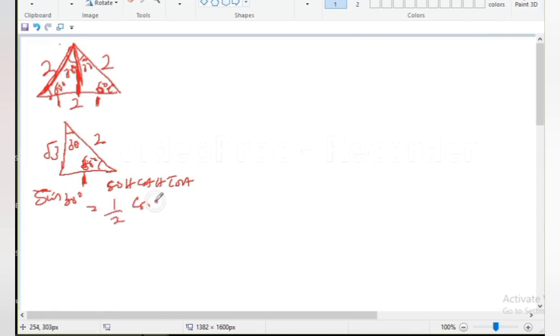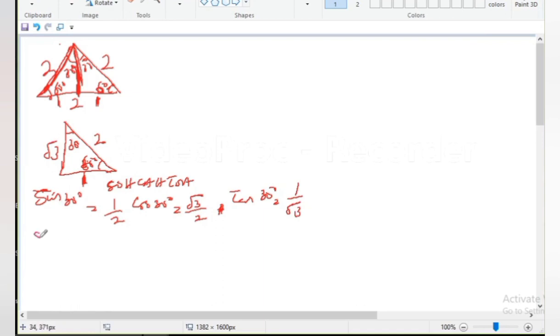Cos 30 degrees is adjacent over hypotenuse, root 3 over 2. Tan 30 degrees is opposite over adjacent, 1 over root 3.